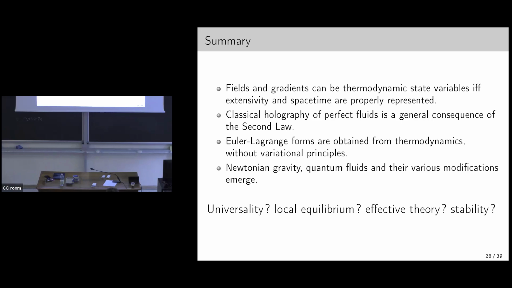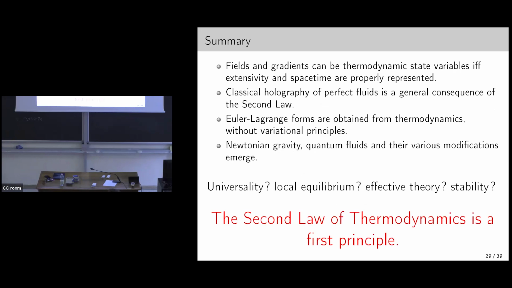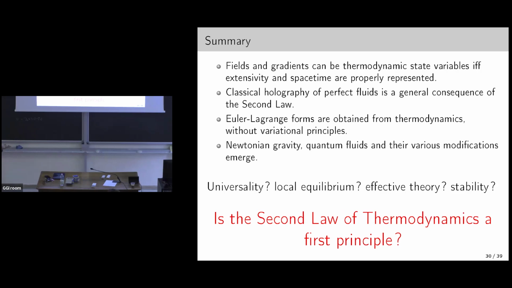So dynamic and thermodynamic stability, how are they connected? You see the quadratic forms in the gradients; that means the thermodynamic stability is in this sense somehow fulfilled, however, in a functional sense. And of course, in this case, one may question whether the second law of thermodynamics is a first principle or what.